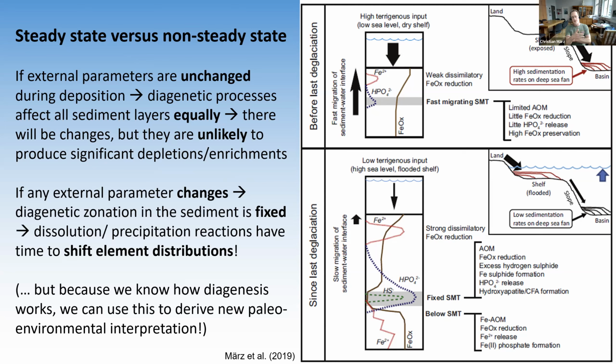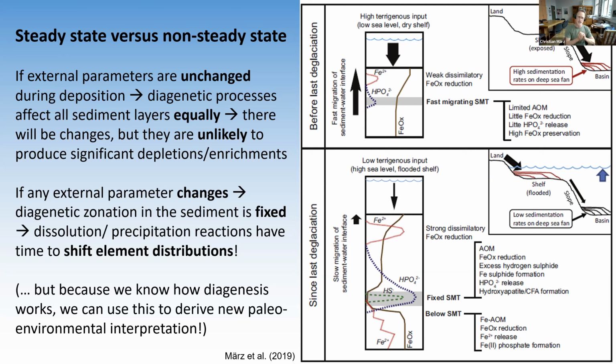Changes in sedimentation rate or in the input of organic matter, or changes in the availability of electron acceptors, define whether your diagenetic system or geochemical sedimentary system is in steady state or in non-steady state.